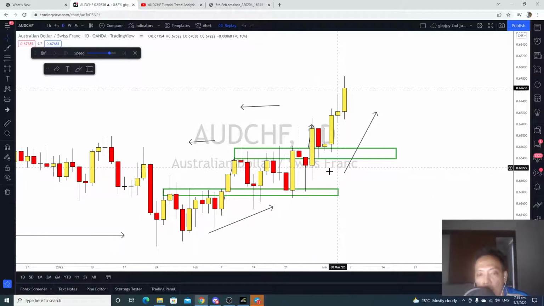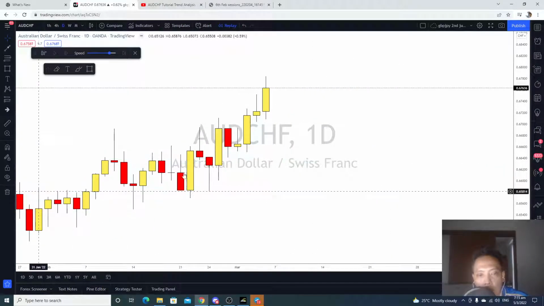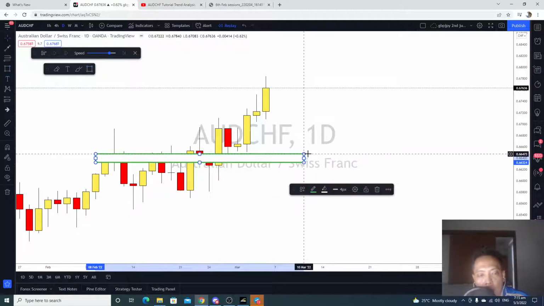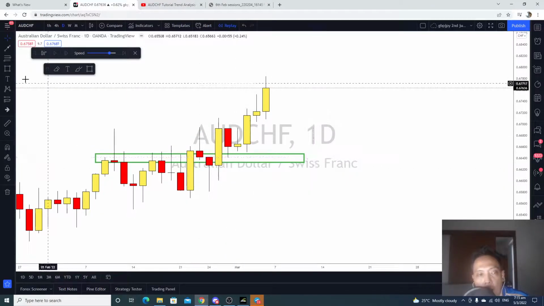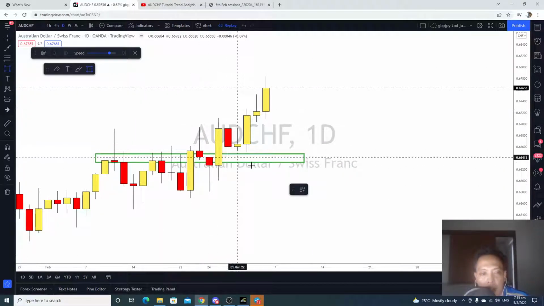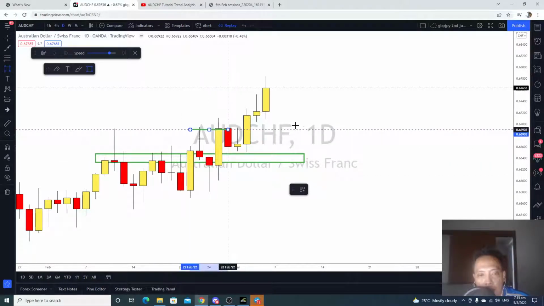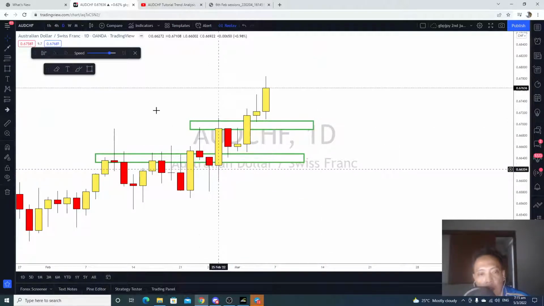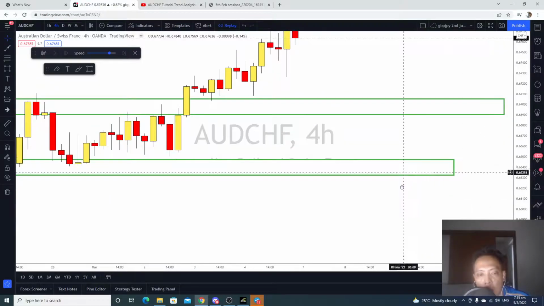If you perceive that your daily is going to go up, your job in the lower time frame is to look for a weak down move and then go for a buy. In this case, if you look from here, where is the weak down move?